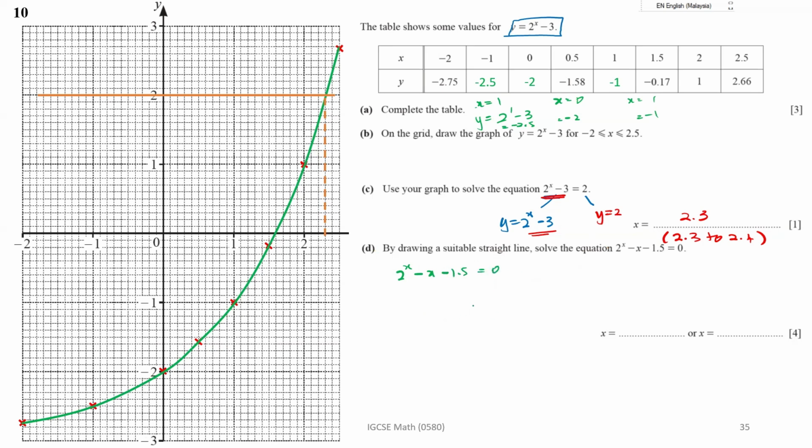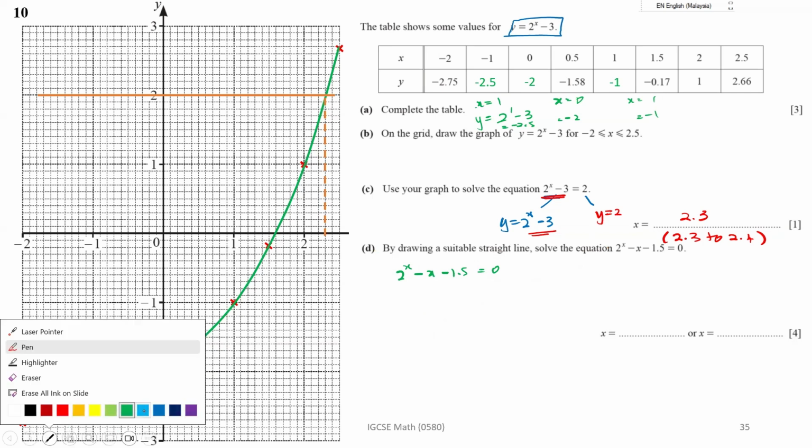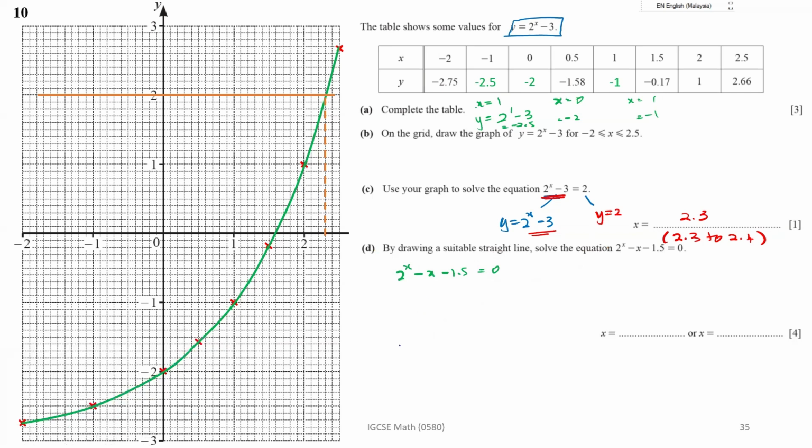One will be from the equation, which is y equal to 2 to the power x minus 3. And the other one, y equal to something. So you have it here, 2 to the power x, and then you have negative x, this is extra. So you plus here.